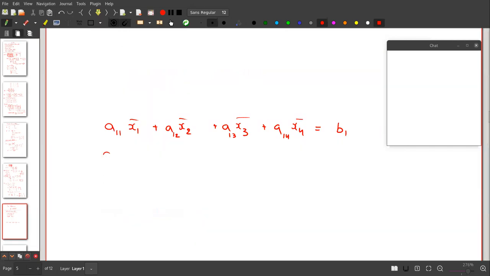So likewise, I can write a21 x1 plus a22 x2 plus and so on, x3 and x4 equals b2, and likewise I can write all four equations. If I say you now calculate x1, x2, x3, x4, will it be complicated? Or instead of four unknowns, I give you 10 unknowns. Will that be complicated to calculate via the substitution method? Yes.